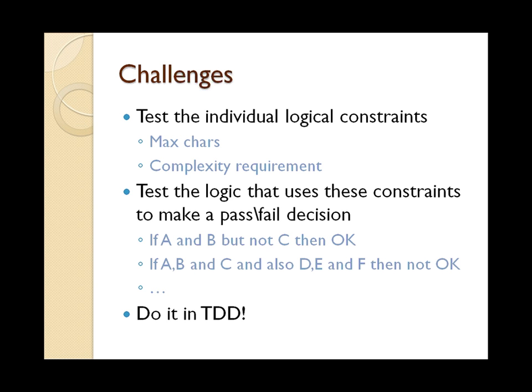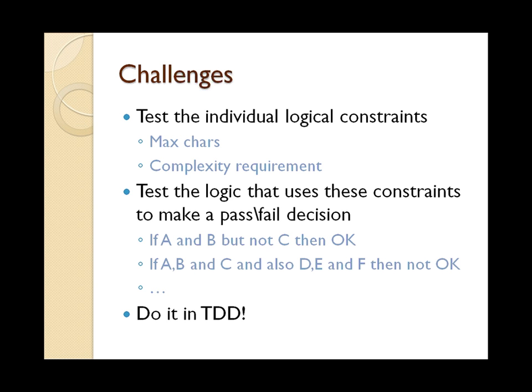And then there is the one layer above, which is the logic that uses all these small constraints and combines them to give one single result. So that's the logic that has all the if statements and it says, well, if there are a maximum number of characters or there aren't any of these and this is not true, then do something else.